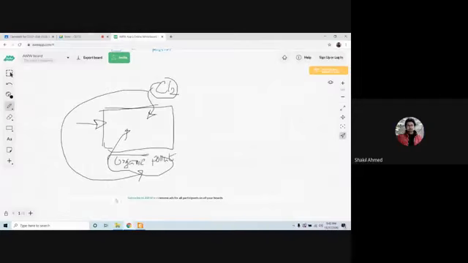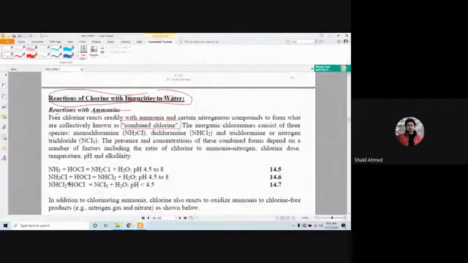In sanitary wastewater, ammonia is a very common pollutant. Our body discharges nitrogen containing organic matter which is decomposed to give you ammonia. So ammonia is a very common pollutant in sanitary wastewater.